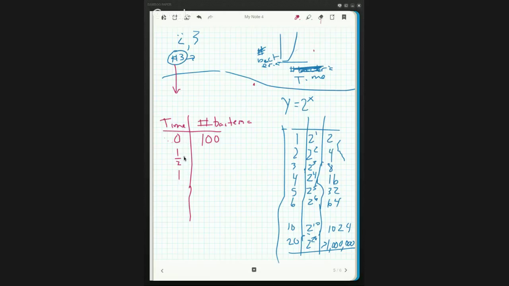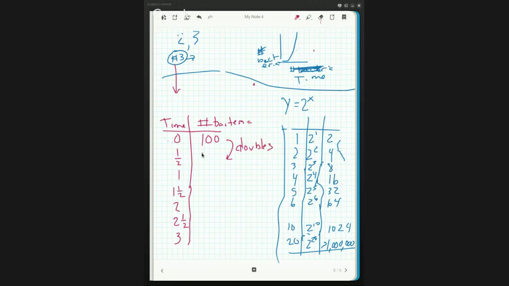Then after an hour, it's doubled again. And after 1.5, it will have doubled. And after 2, and then it will have doubled again after 2.5. And then it will have doubled again after 3. So let's see here. If we start with 100 and it doubles, every time it doubles, it doubles.